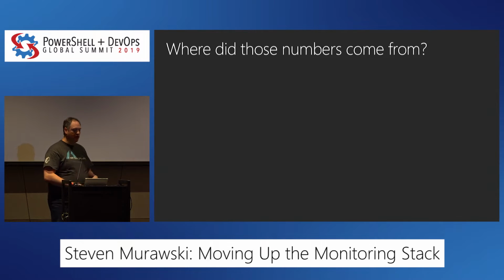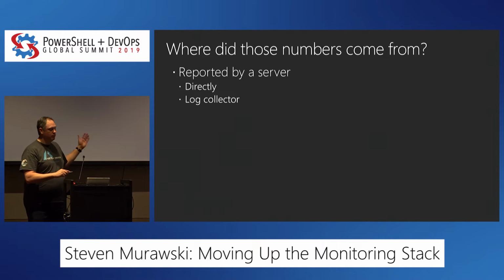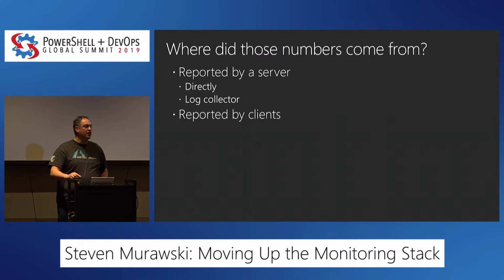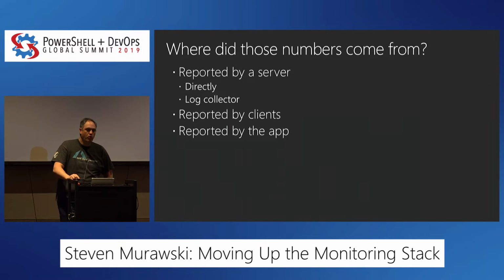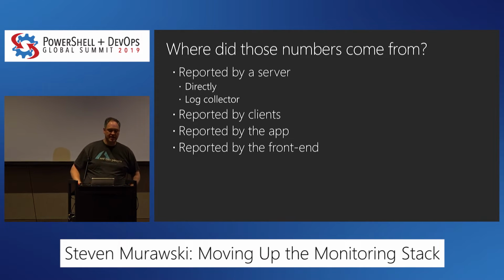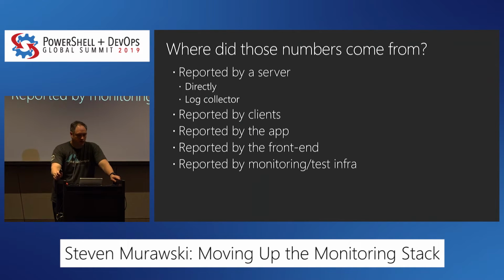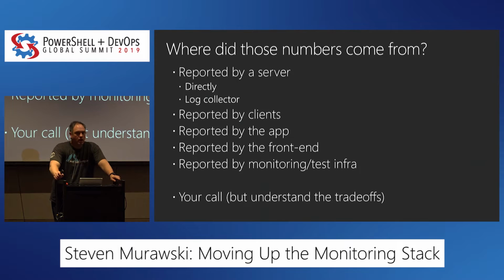Now, as I was just saying, we have to look at where these numbers come from. They could be reported directly, reported by the clients, reported by the applications that we're hosting, right? There are a number of places in which we can get these details. But we do have to make sure we recognize those trade-offs.